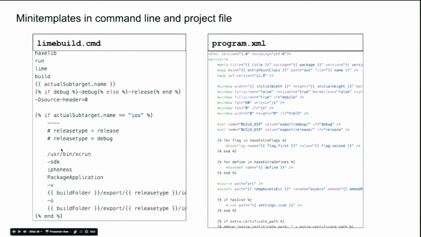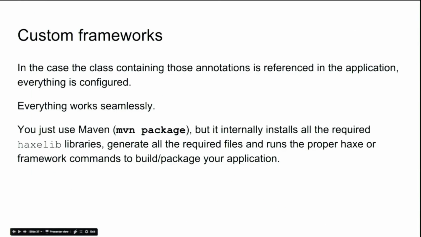And also I can call other commands, just separating with this. And in this case, I'm generating an iOS application. And the same goes for the command line. I can iterate over flags, defines, and so on. So that's it.